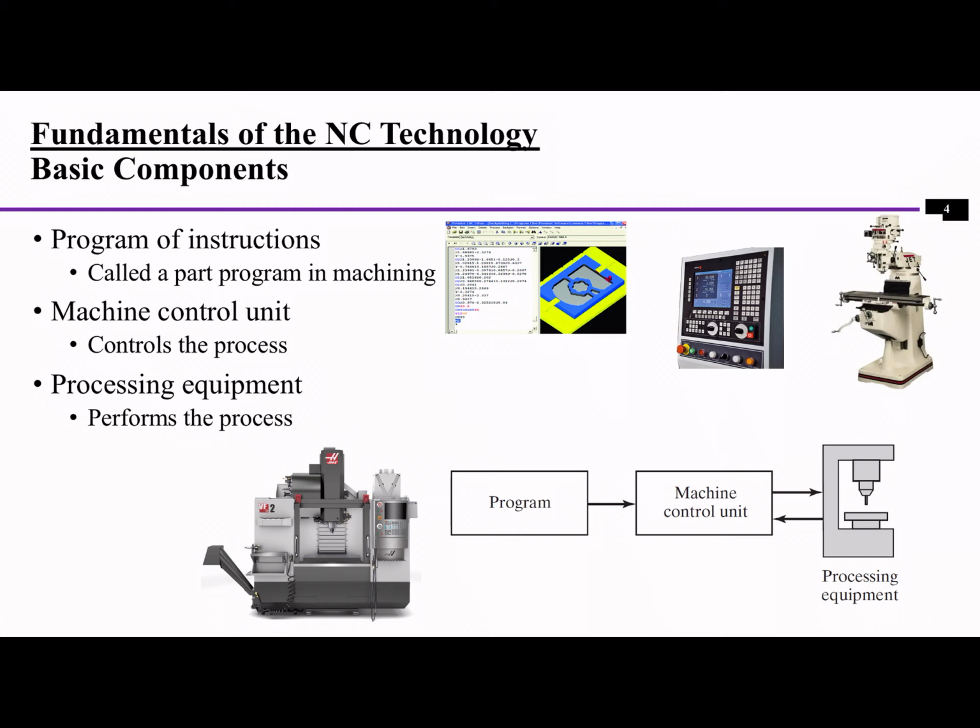Basically, it's a computer system that processes the program instructions and tells the actuators, or the machine system, how to move the tools and the work tables. And lastly is processing equipment, which is the actual actuator that performs all the actions from the program instructions.